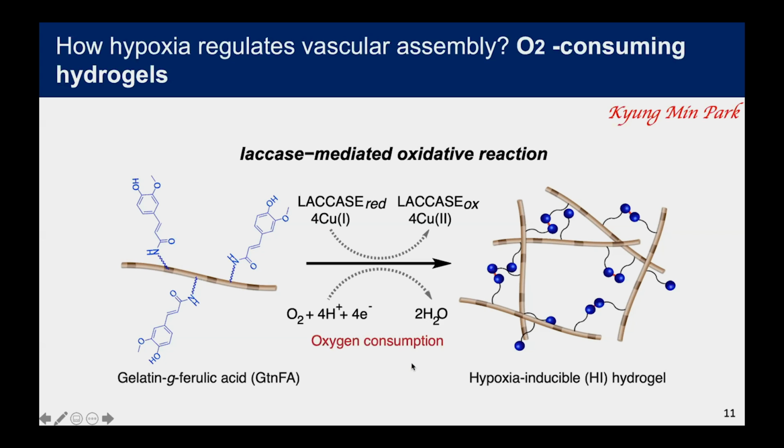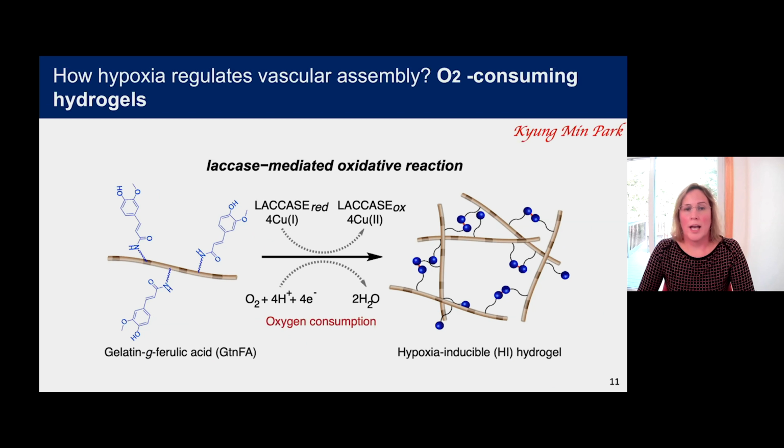What's happening then is that while the hydrogel is forming, it's becoming hypoxic. So we have a hypoxic environment basically on the bench. When we add cells in those hydrogels, the cells continue to consume oxygen and thus maintain these hypoxic levels for longer periods of time.